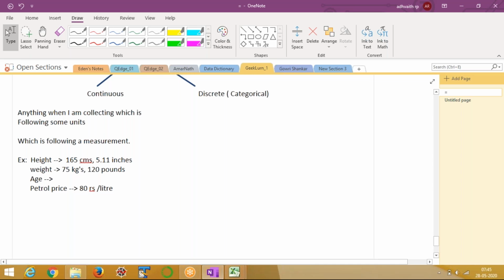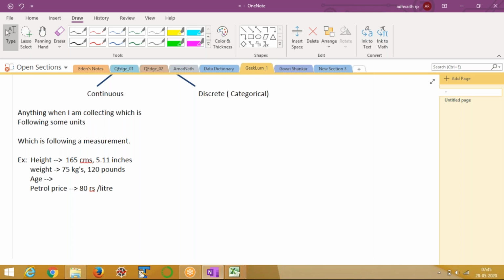So what was the petrol price in the last 1 month? May 1st it was 75, May 2nd it is 78, May 3rd it is 82, May 4th again 79. So 30 days will have different values, with decimals also.